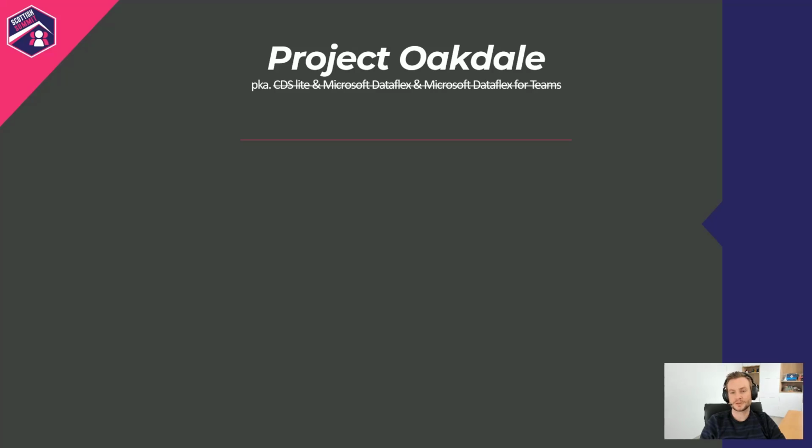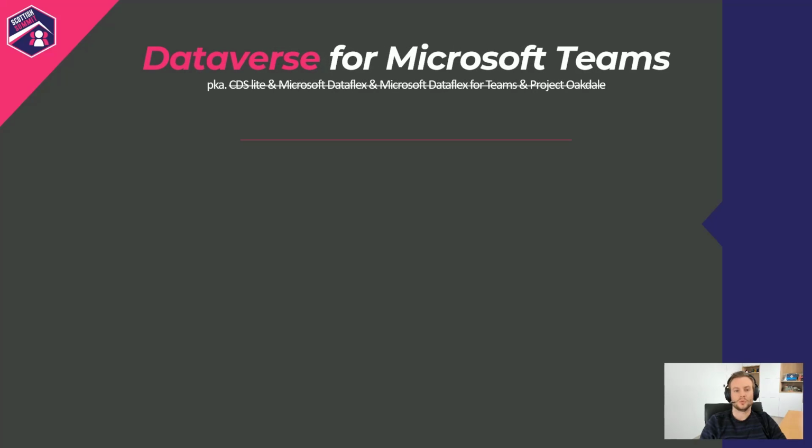So Project Oakdale for a couple of months, and back to Common Data Service for the standalone version. And then finally, they announced what's currently known as the final name of CDS Lite: Microsoft Dataflex, Microsoft Dataflex for Teams, and Project Oakdale, which is Dataverse for Microsoft Teams.